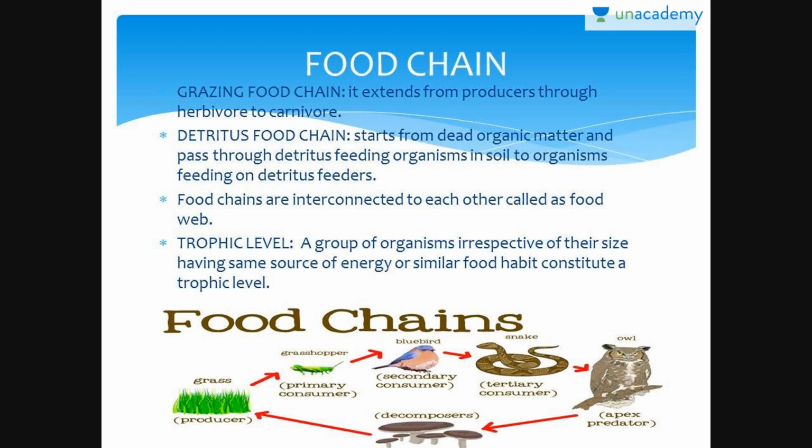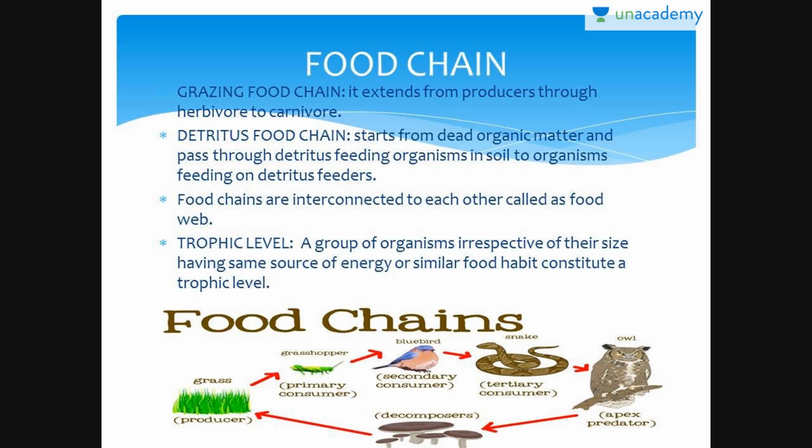Next topic, food chain. The grazing food chain is the production of food which extends from producers through herbivores to carnivores. The detritus food chain begins with dead organic matter and passes through detritus-feeding organisms and soil organisms to organisms feeding on detritus feeders.